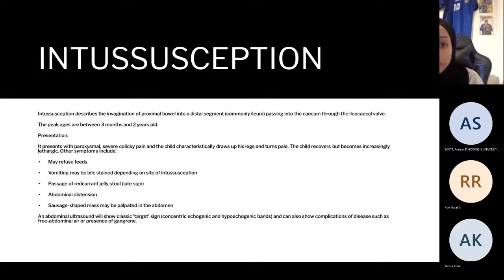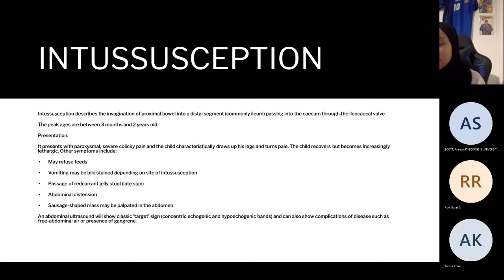It presents with paroxysmal severe colicky pain, and the child characteristically draws up his legs and turns pale. The child recovers, but as this keeps happening, they do become quite tired. And as with the first patient that we saw, they may refuse feeds. Depending on where the site is, they might have bile-stained vomit.